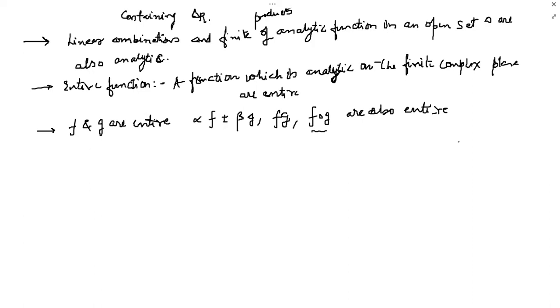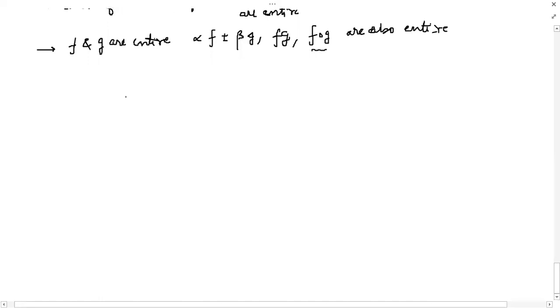And if I'm talking about the finite complex plane, then the functions which are analytic on the finite complex plane are called entire functions, and they also follow the same algebra. Again, pay attention to this point: if it is analytic, it must be differentiable not only at that particular point, but also in some neighborhood containing that point.